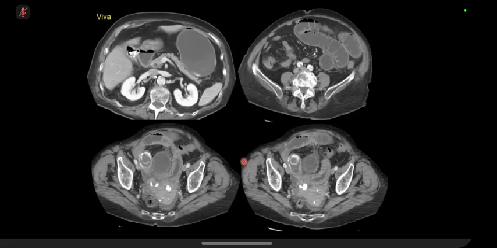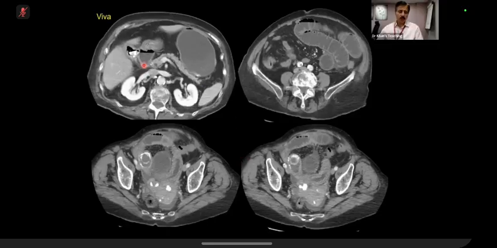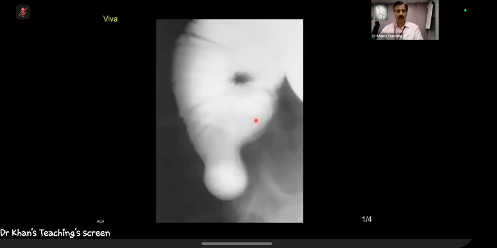So this is like a small bowel obstruction secondary to a mass with calcification within it, likely some gallstone. If you see the gallbladder here, it is fistulating into the duodenum. And then the stone has gone, and there is small bowel obstruction, classical case of gallstone ileus.